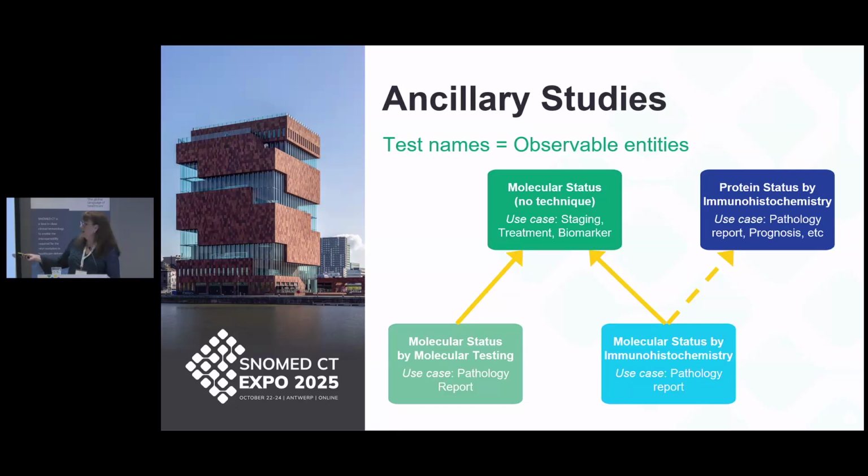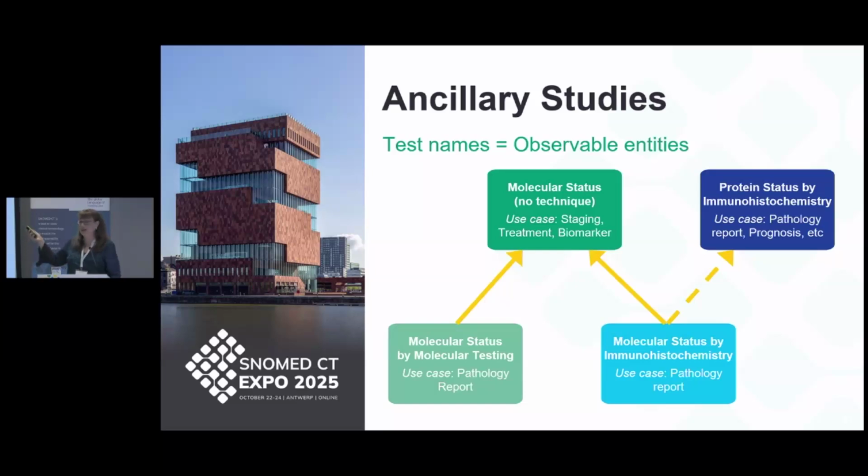We then create two technique-specific observables for the molecular test, and if there is a surrogate immunohistochemistry test, we create one of those, and we create concepts for our protein-focused immunohistochemistry tests, which represent the protein status. So, as I said, the technique-free molecular status concept is used for downstream staging, treatment and biomarkers, and the other three concepts that have a technique are typically used on the pathology reports.